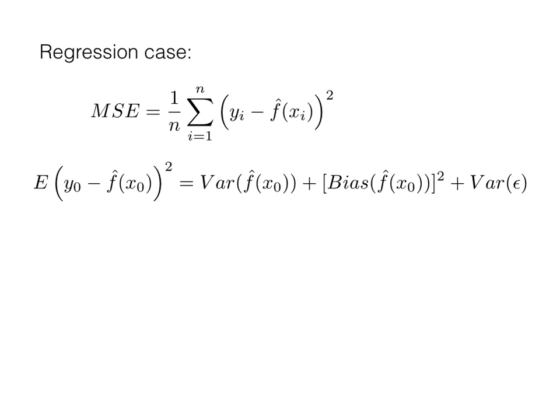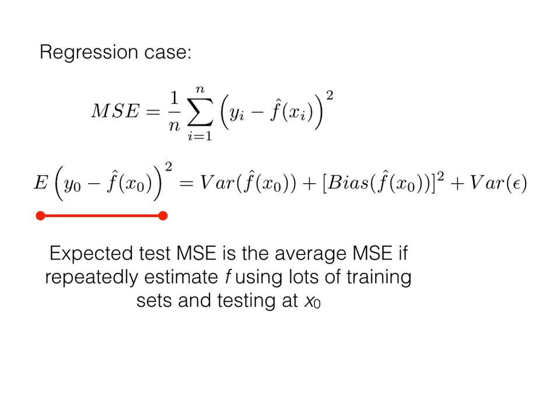So it turns out that in the regression case, when we use this mean squared error, we can divide our expected test mean squared error into several components. I'm not going to go through all the maths for this, but this is sort of how it falls out. What we've got on our left is the expected test mean squared error, the mean squared error in the outside world, and that's the average mean squared error if we repeatedly estimate f using lots of different training sets and then testing it at x0.